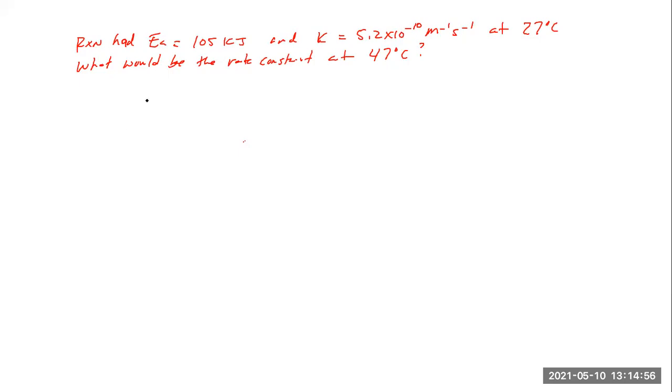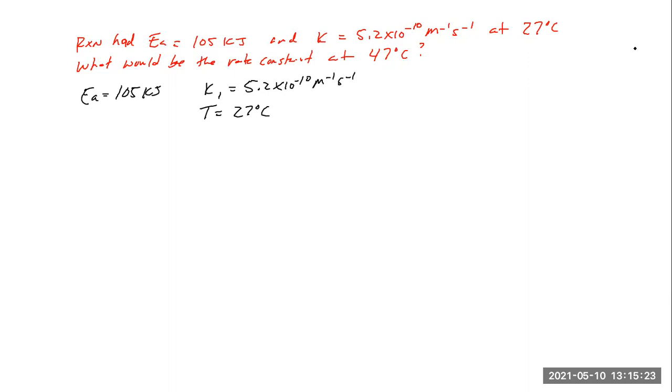Okay, so let's take a look at this. A couple of things. In this case, we do have the activation energy given to us at 105. We do have a rate constant given to us, which we'll label number 1 since it was the first one, 5.2 times 10 to the minus 10 reciprocal molar seconds. That goes with a temperature of 27 degrees Celsius.